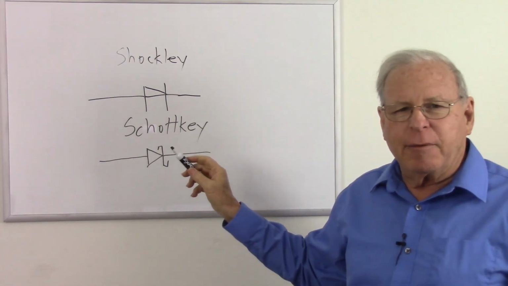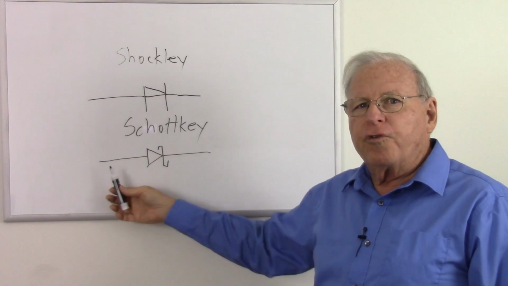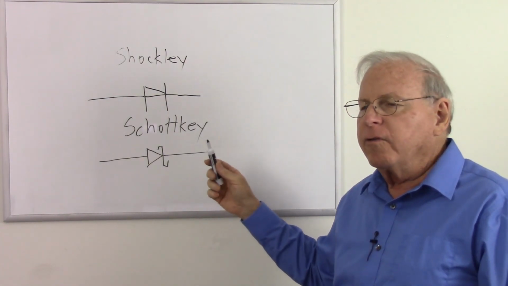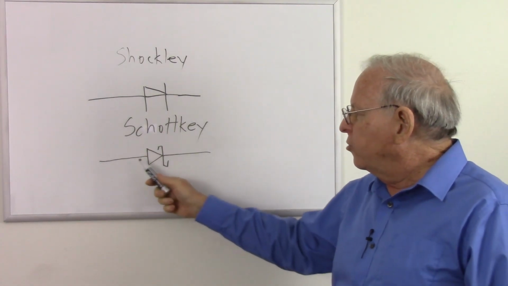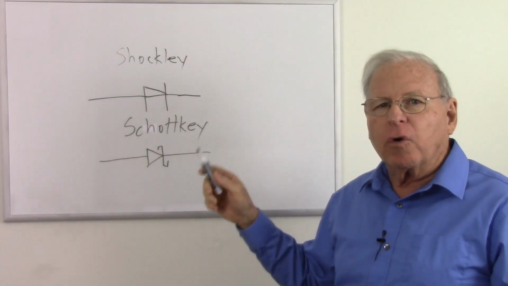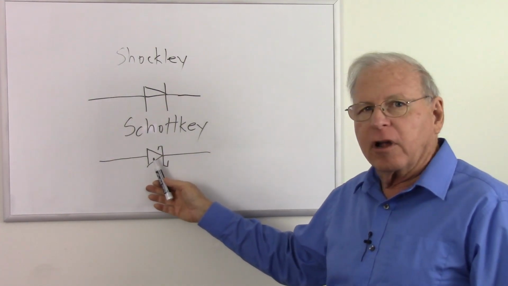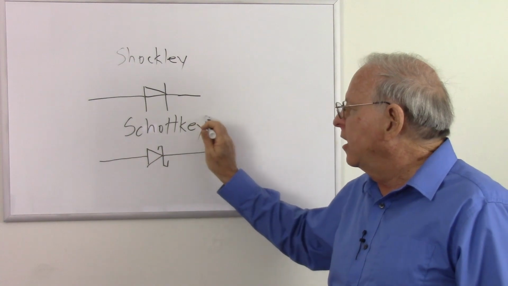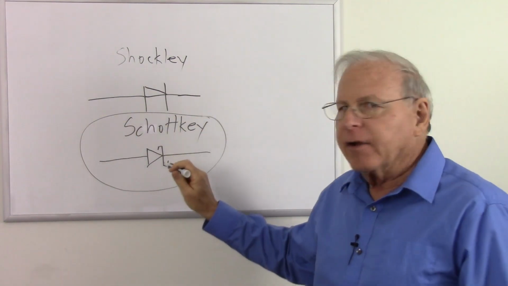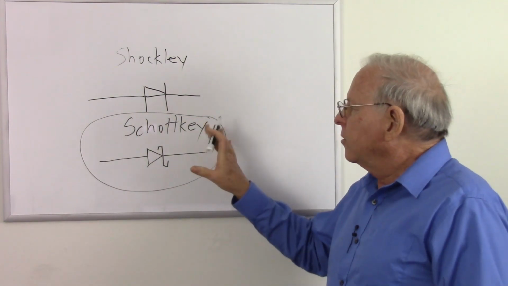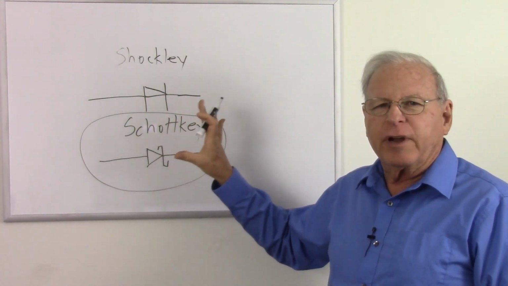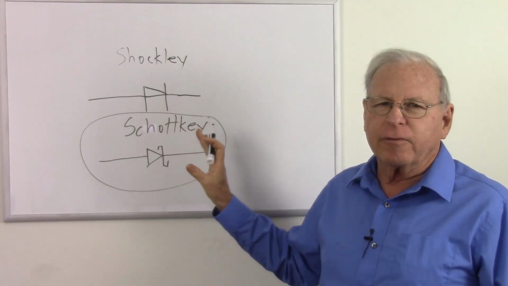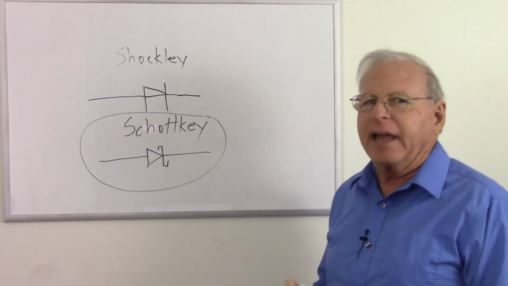And its claim to fame is very low forward bias voltage. So if you have a circuit where you want to have a diode but have lower than 0.3 volts for the turn-on voltage, you would use a Schottky diode. And there is the symbol for it. They do have a lower turn-on voltage, but they do have more reverse leakage voltage. So we get an advantage, but then a disadvantage.